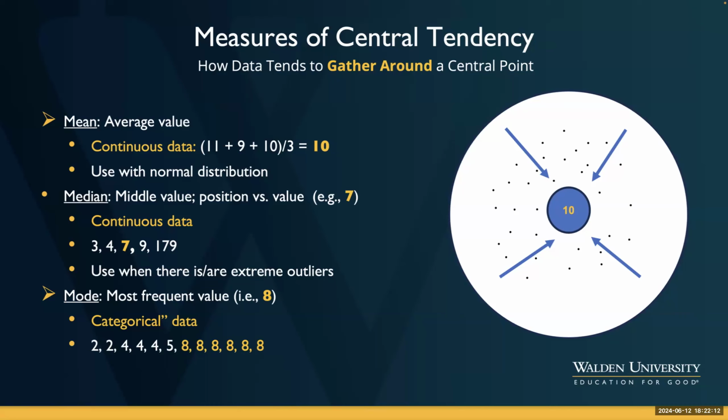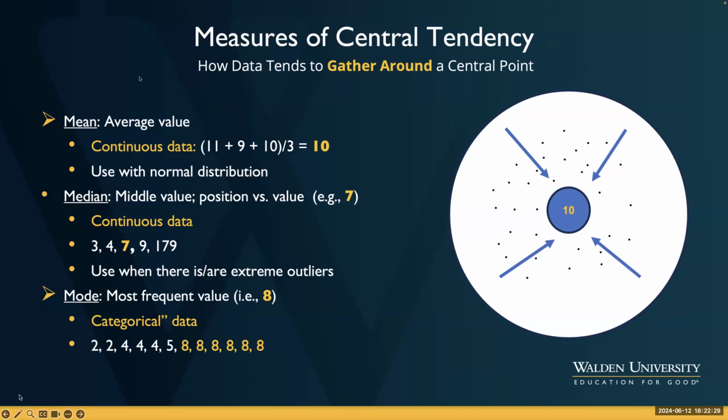And tendency is kind of like the inclination of things to do something. So I would say that means the tendency of data to hover around a central point. That's what we mean by central tendency.